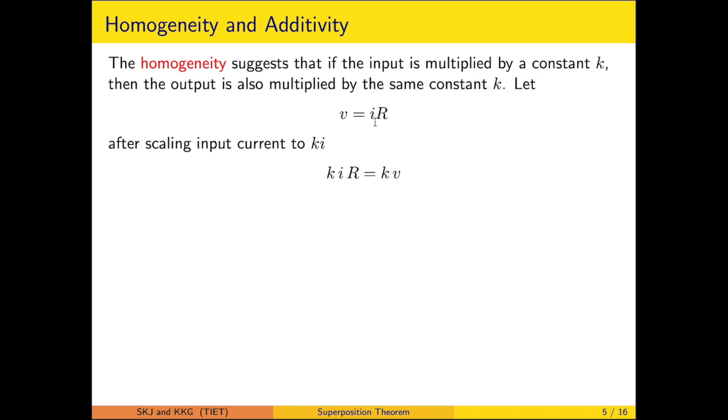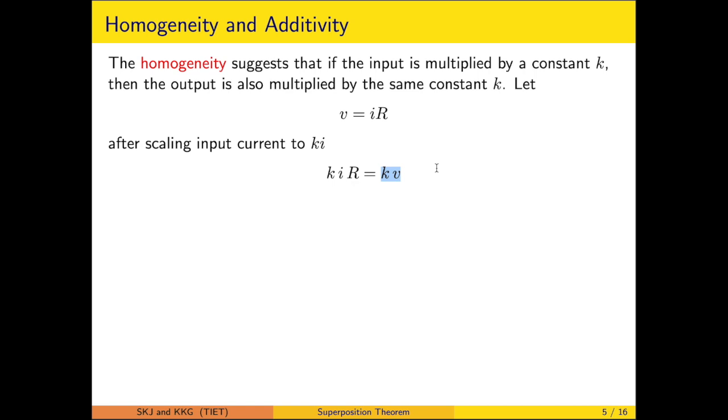So let's say if the initial input current is I, that is scaled to KI level, then the voltage across the linear element, say resistor, will also be K times V, where V is the initial voltage. The same relation holds true for the inductor or capacitor because they are linear elements.